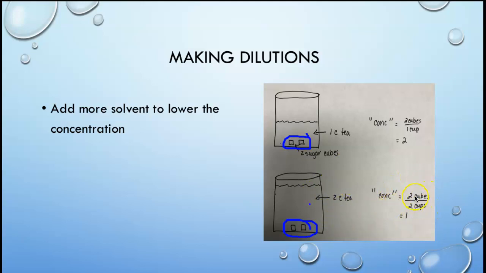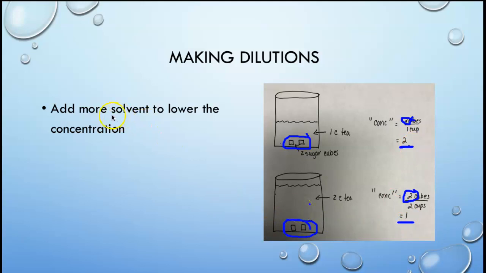So now the new concentration is 2 cubes per 2 cups. The 2 cubes stayed the same. That number didn't change. But the concentration changed because it was 2 cubes per 1 cup, and now it's 2 cubes per 2 cups. So it went from a concentration of 2 to a concentration of 1. And so that's what happens when you make a dilution.